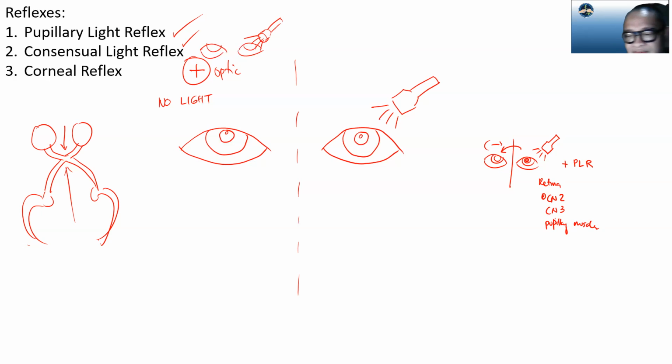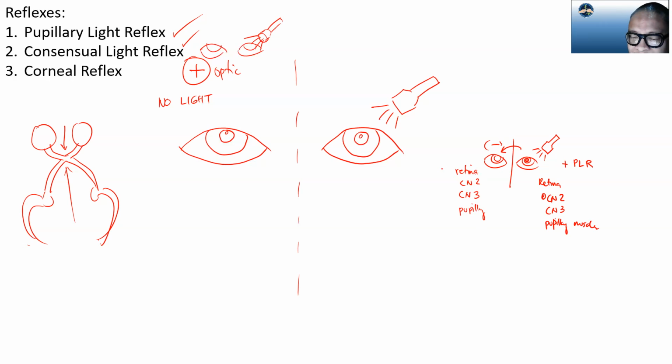A lot of things. Your optic nerve here might be damaged. There's a problem with your optic chiasm, optic nerve there. Your cranial nerve 3 on this side might not be working. Your pupillary muscles or your retina might not be working. Okay? So that's the problem there.